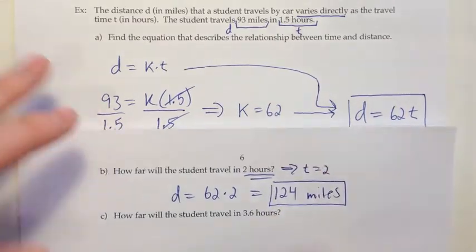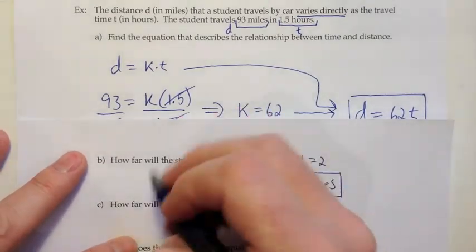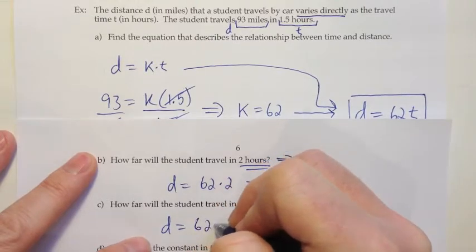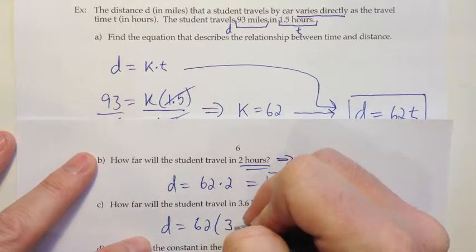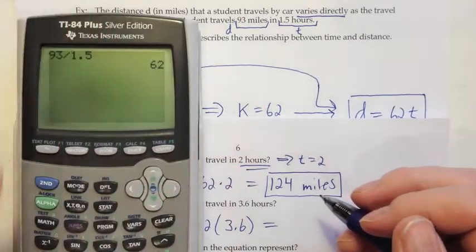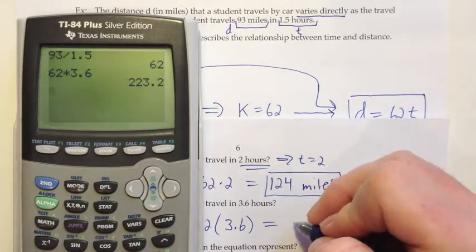And then very similar, they ask us another question: how far would they travel in 3.6 hours? So we just substitute that in now, and we get d equals 62 times 3.6. This one's a little bit messier, so I'll go to the calculator for that. 62 times 3.6, we get 223.2.